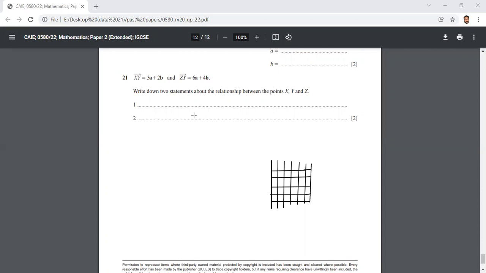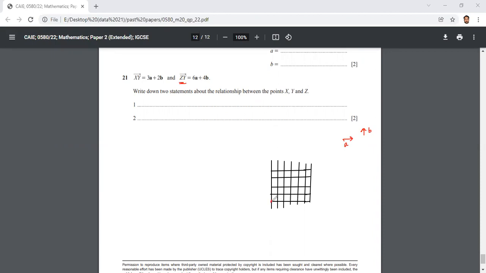Anyway, if we think about the horizontal direction, we have a. Let's suppose this vector represents a and this vector represents b. So for zy, it is 6 boxes right and 4 up.